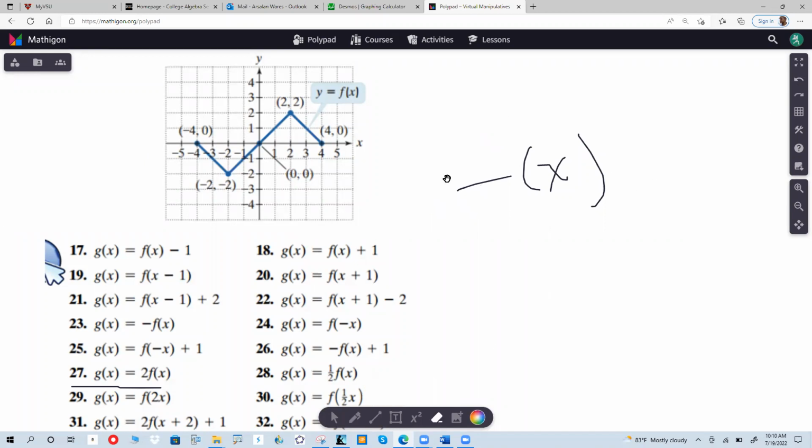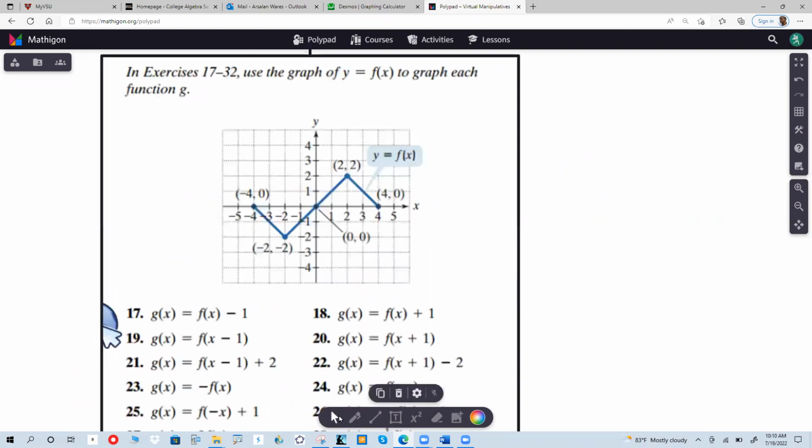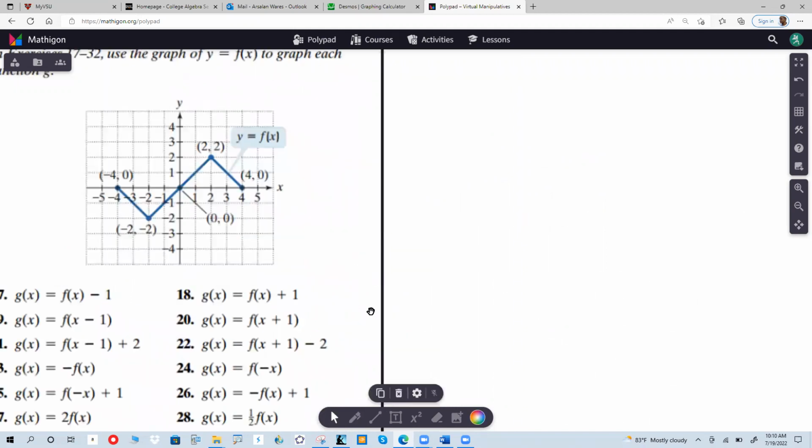Now I have to change something, guys. Okay, my bad. Let me go back. Anyway, I'm not going to worry about it. I don't like this hand, but it has to be some kind of glitch, but we'll deal with it.